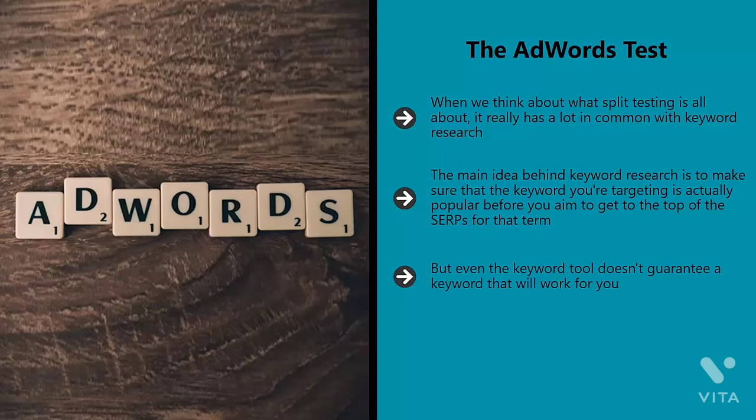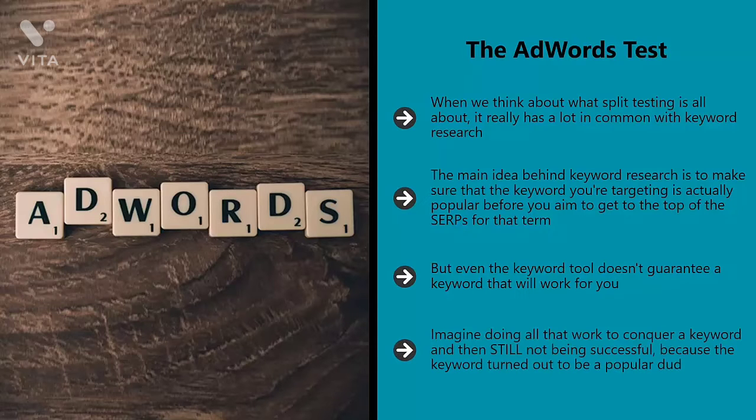But even the keyword tool doesn't guarantee a keyword that will work for you. Even if you can land the most popular keyword in the world, you might still struggle with your CTR, or you might find that the intent behind the keyword isn't right for you. In other words, the people who search that phrase aren't interested in buying your product. Imagine doing all that work to conquer a keyword and then still not being successful because the keyword turned out to be a popular dud.